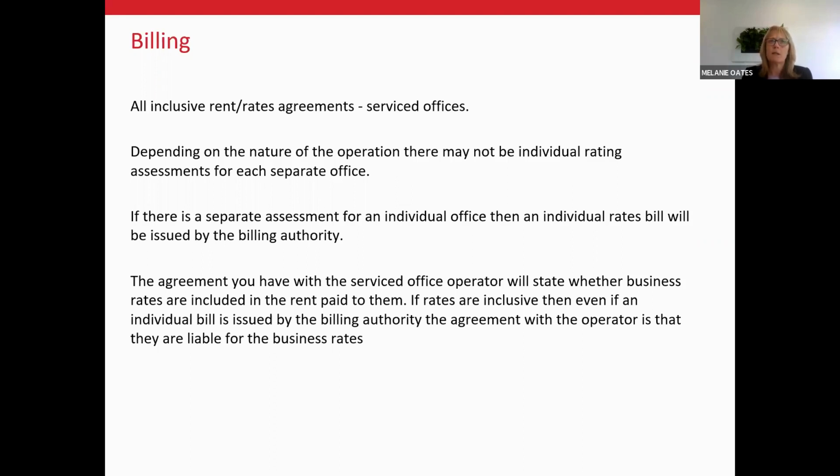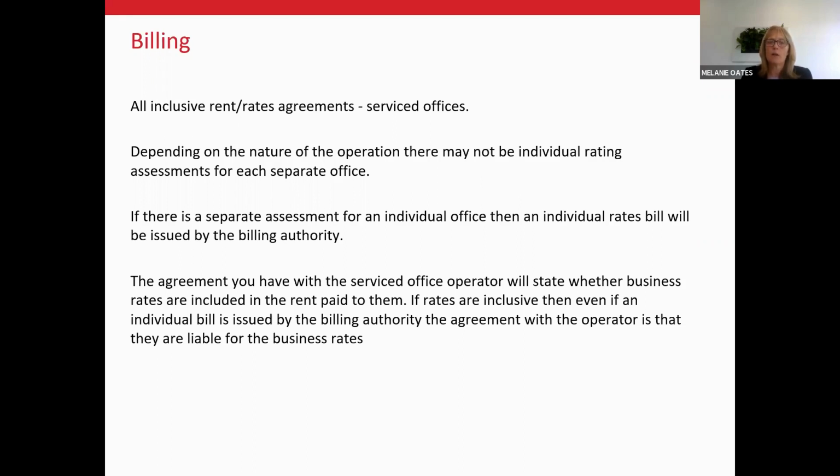If, however, there is a separate assessment for an individual office, then an individual rates bill will be issued by the billing authority for that separate office. What you would need to do is look at the agreement you have with the serviced office operator, or any other operator where it's a rent and rates inclusive agreement, and that will state whether business rates are included in the rent paid to them.